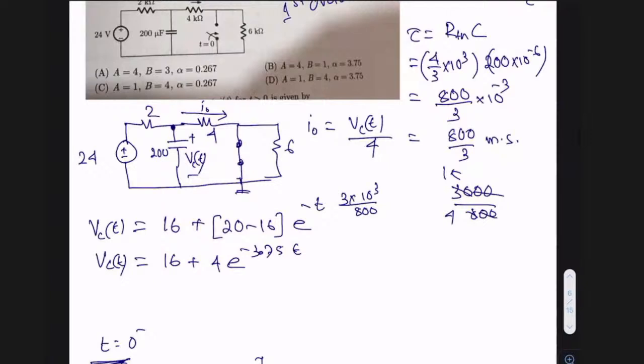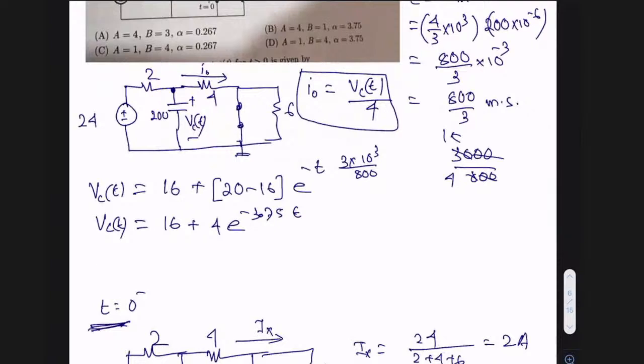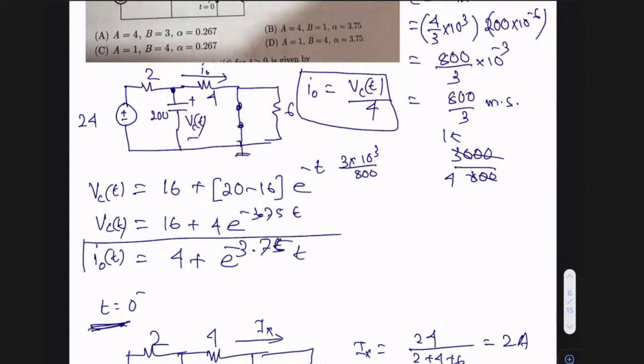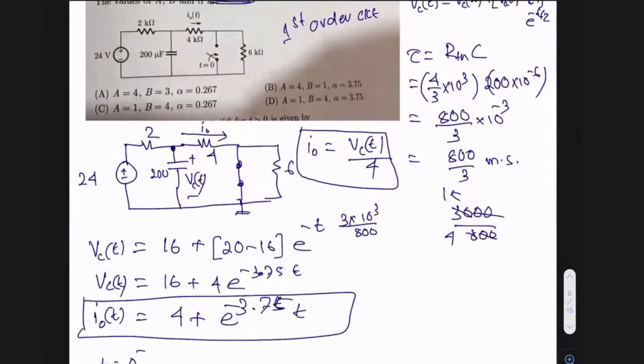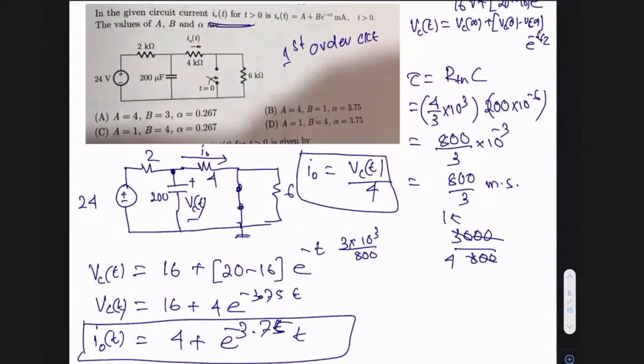This is your VCT. And what are you supposed to find? We are supposed to find I naught. And what is I naught? I naught is VCT by 4. So if you divide by 4, 16 by 4 is 4, and this is 1 times e raised to power minus 3.75 t. So this is what you are getting. If you compare, A is 4.